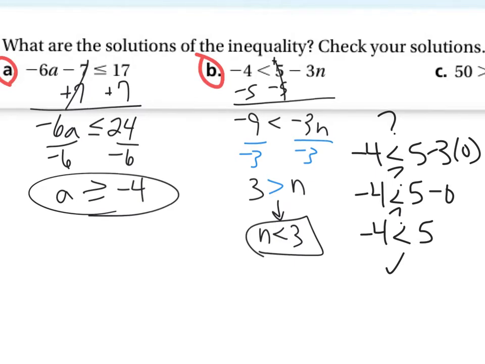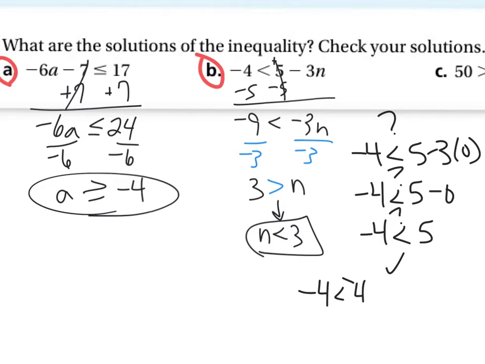Then you could test your border point. If you put a 3 in, you would end up getting -4 is less than -4. Negative 4 is not less than negative 4. But the numbers are the same, so that shows that's our border point for that inequality.